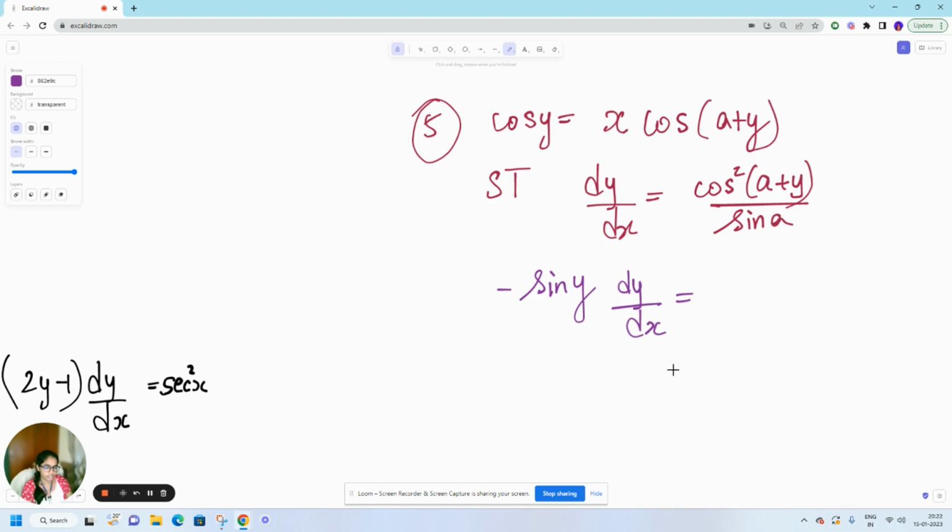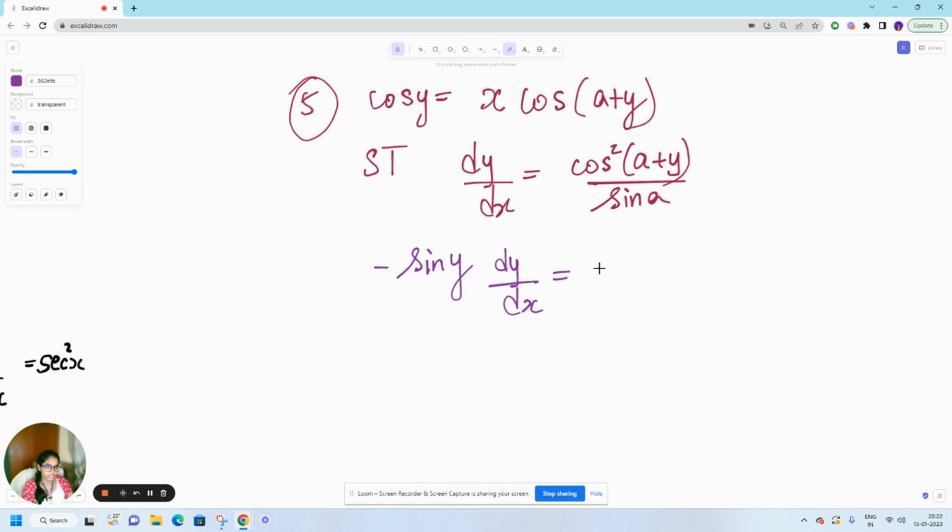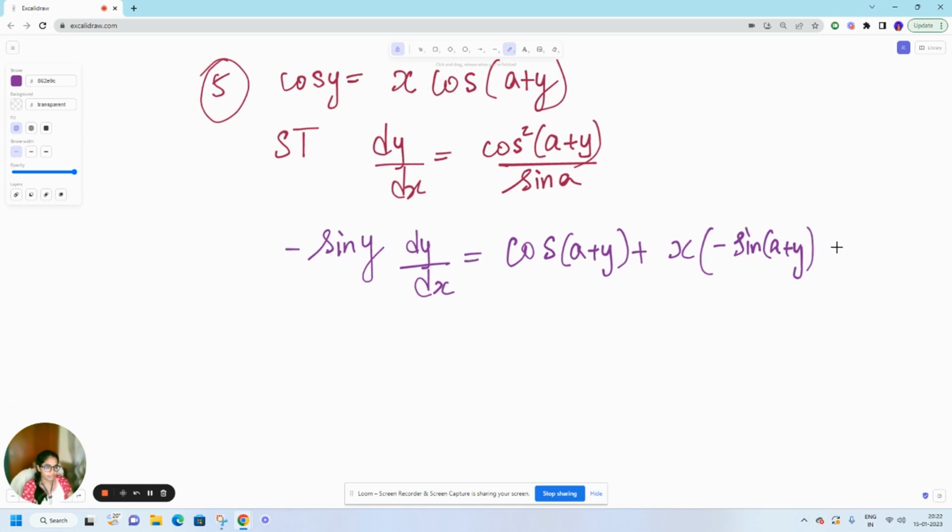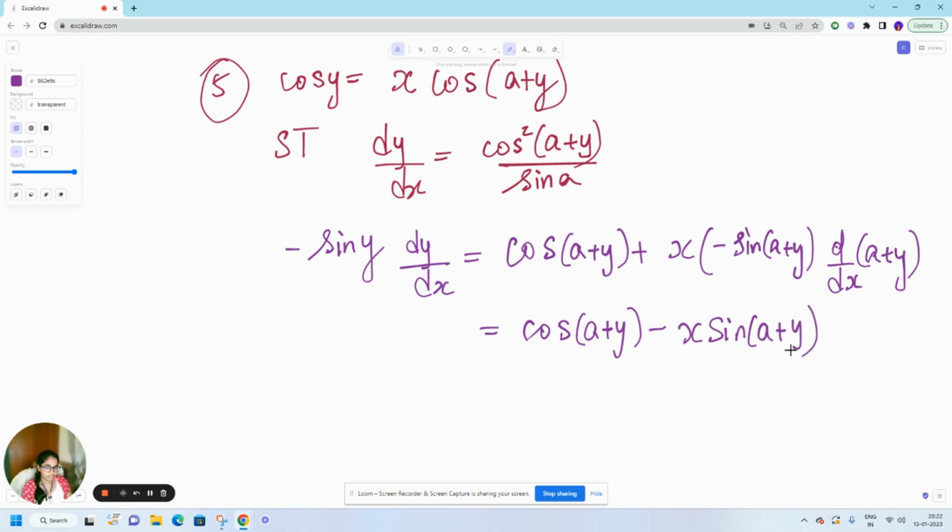This is equal to, we'll apply the chain rule here. So that would be cos of (a + y) into 1 plus x into minus sin (a + y) into d/dx of (a + y). Correct? So this is equal to cos(a + y) − x sin(a + y).